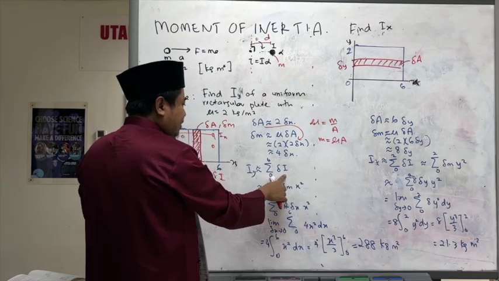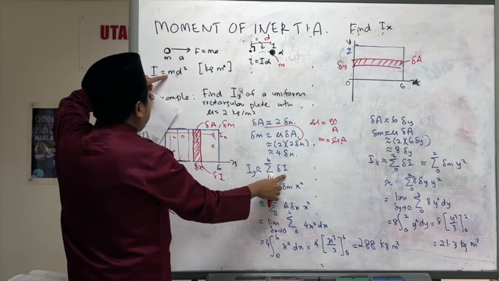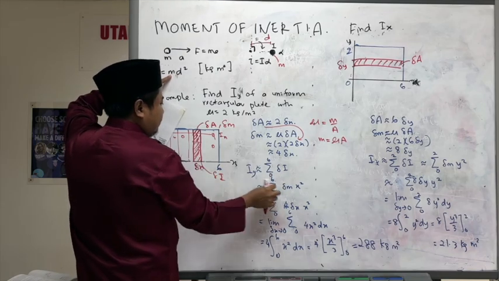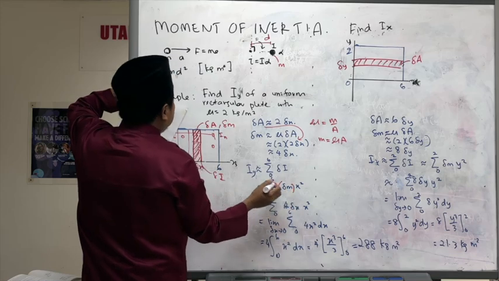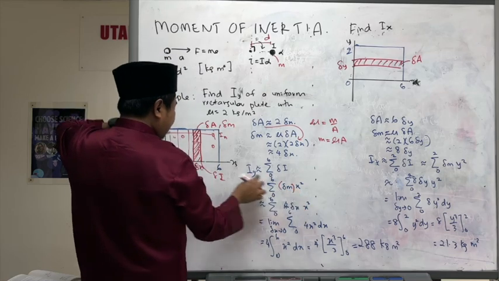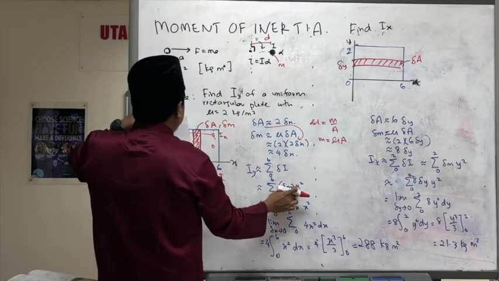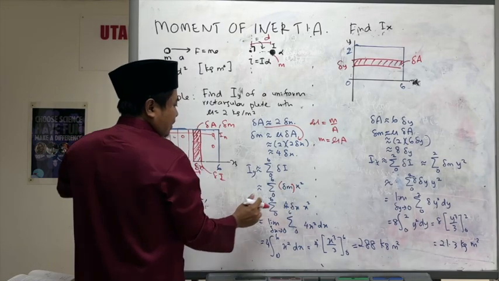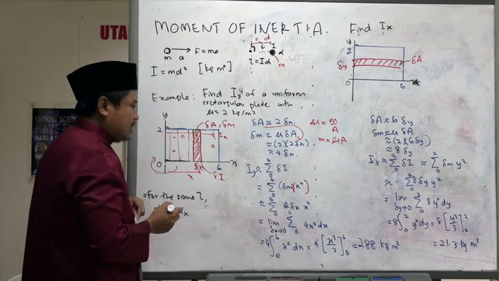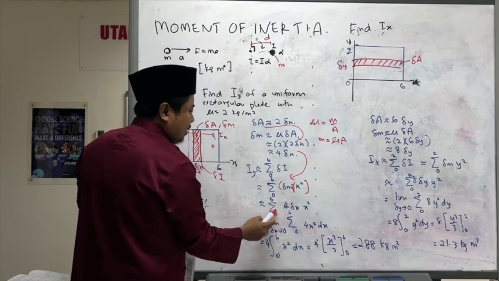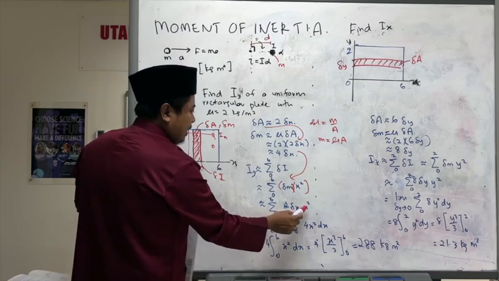What is delta I? Delta I is m times d squared. This m is just a small strip, so we put delta m. X is the distance from here to here, so we have the distance x squared. Now we put this in, so we have 4 delta x times x squared.